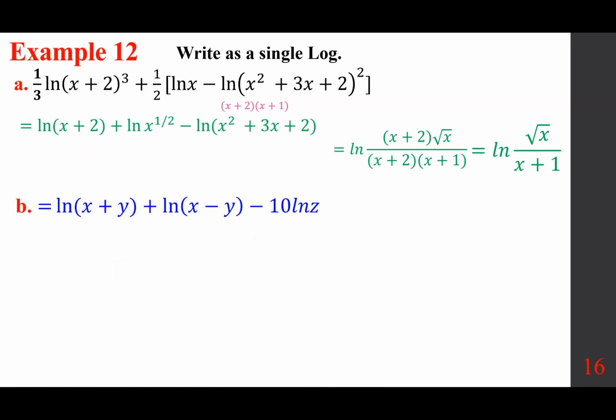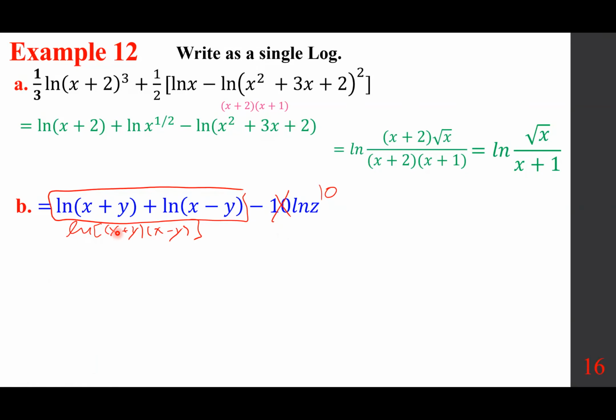All right, to do this, you can do it again in one shot, but you can combine this into ln of (x plus y) times (x minus y). You can make this number 10 the exponent.